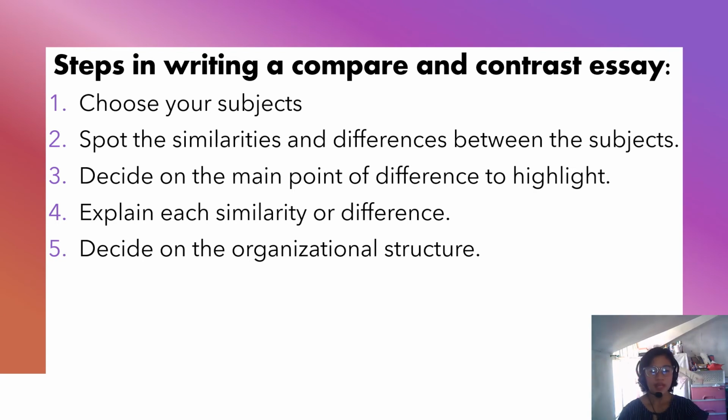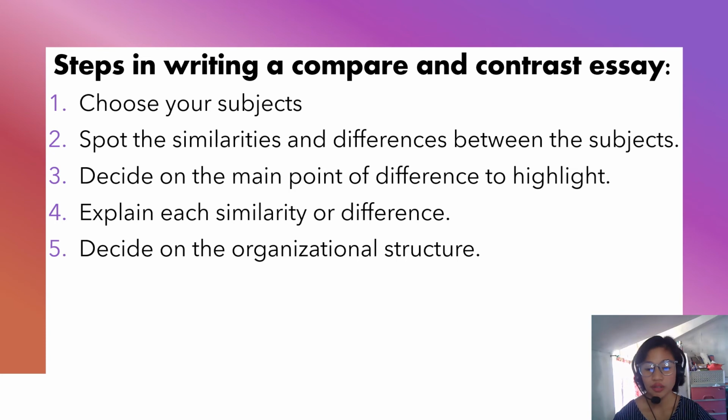Okay? Next, the second step is to spot the similarities and differences between the subjects. So you have to start with identifying which aspects of the subjects are the same or different. You have to make two lists, one for the similarities and one for the differences. So you have to list the differences and similarities for each point of comparison.